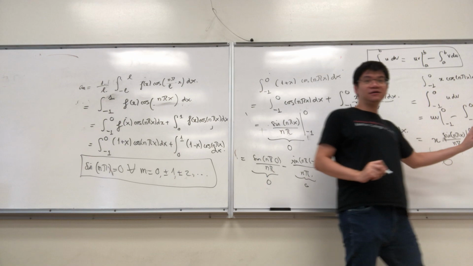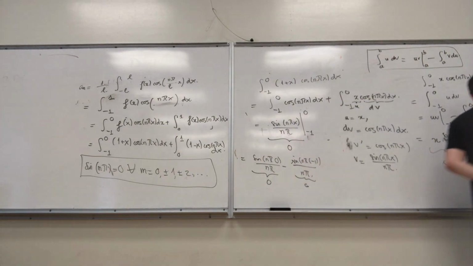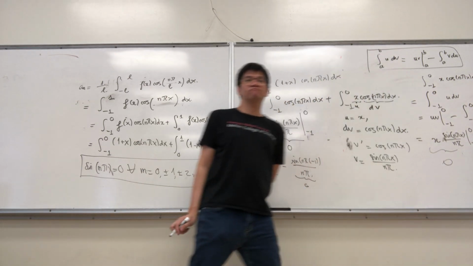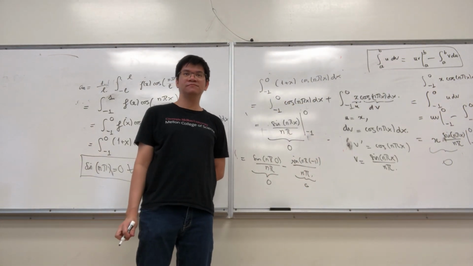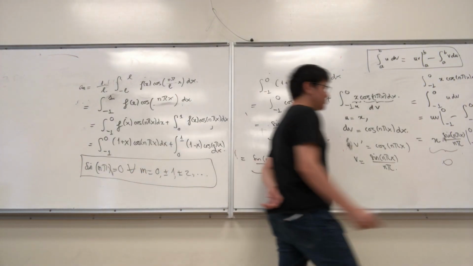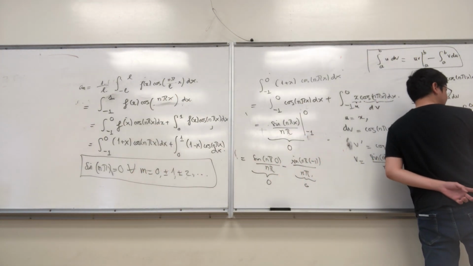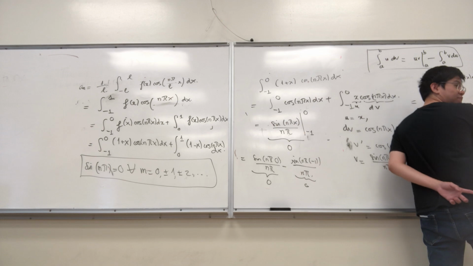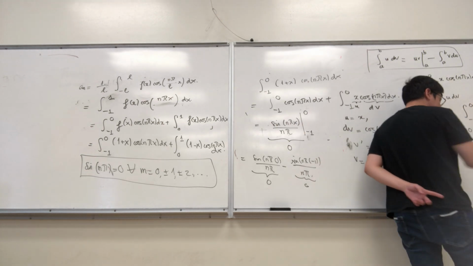So I have the minus here, it's fine. And I have the difference between minus 1 and 0. All right? Questions? So here I'm going to replace the antiderivative of sine n pi x, which is cosine n pi x, but I have to divide by n pi squared because here I have already n pi. So I have a minus here.